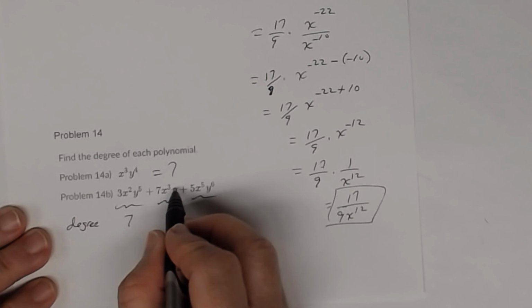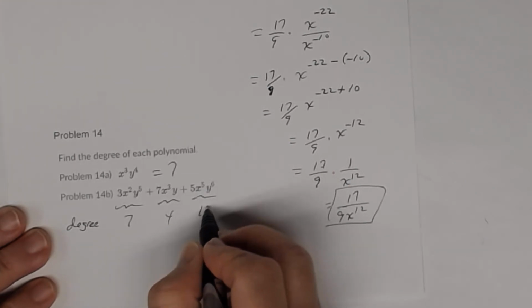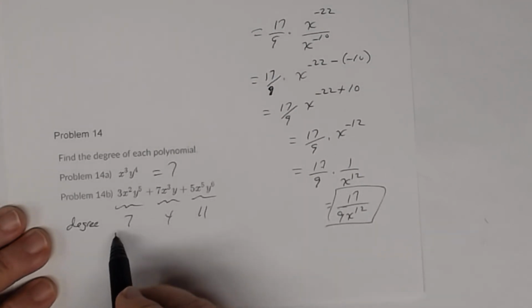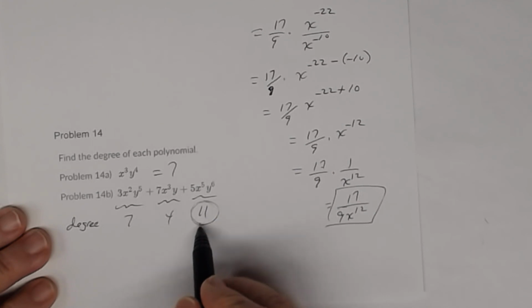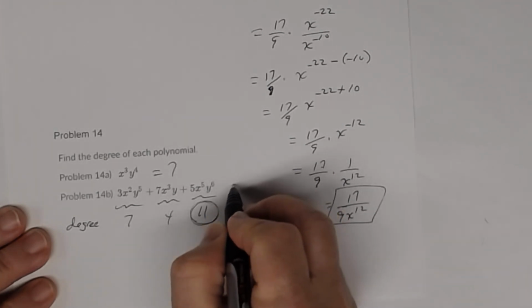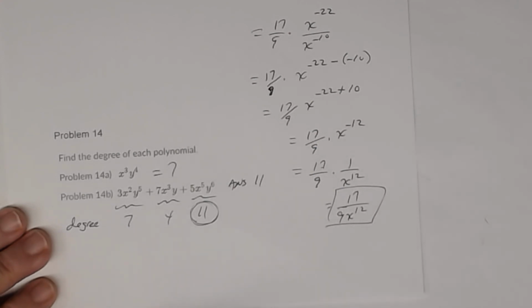The degree of this term here, 3 plus 1, if there's no number there, remember that's understood to be 1, is 4. And the degree here, 6 plus 5, is going to be 11. So the degree of this polynomial is the one with the largest degree, so the answer is 11. Okay? All right, that was 14.